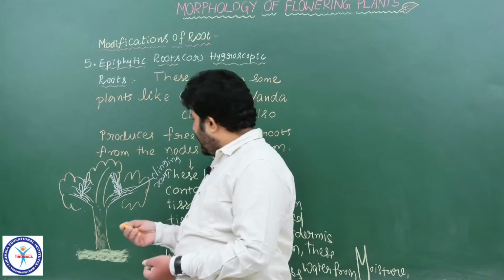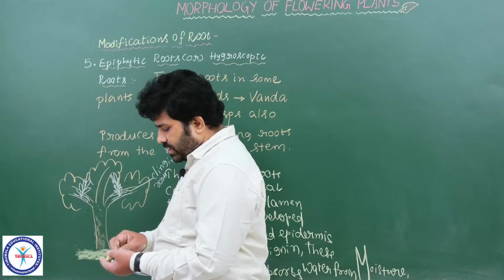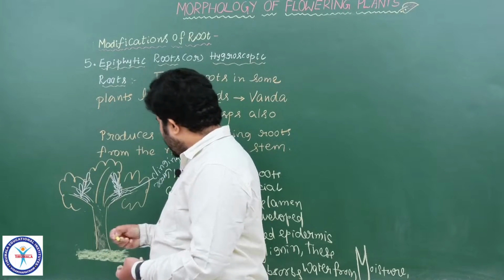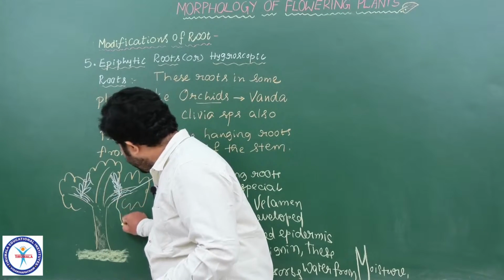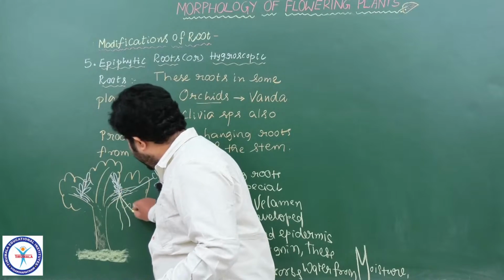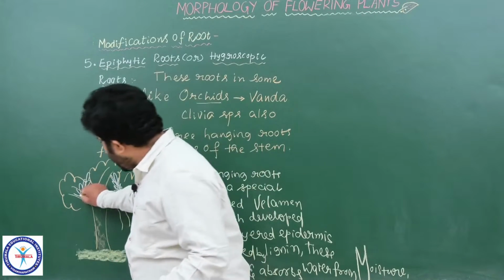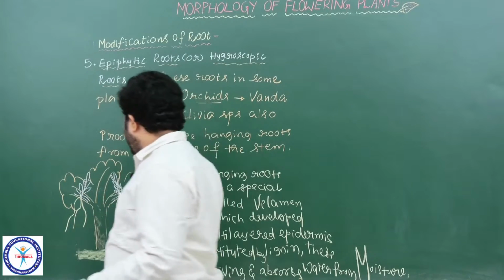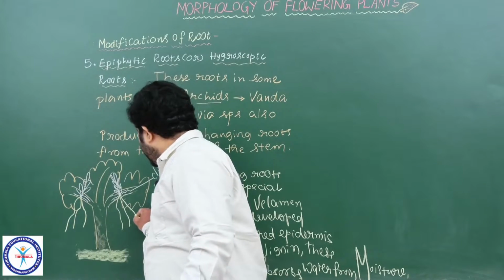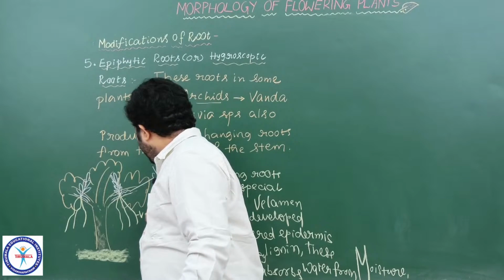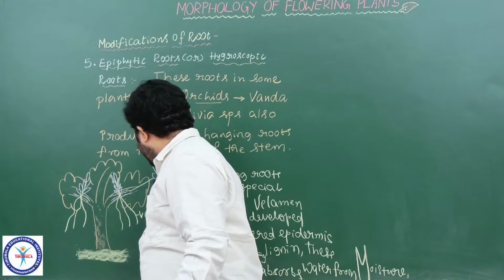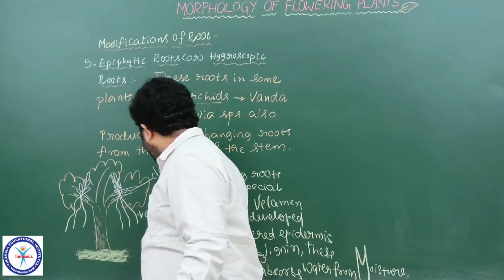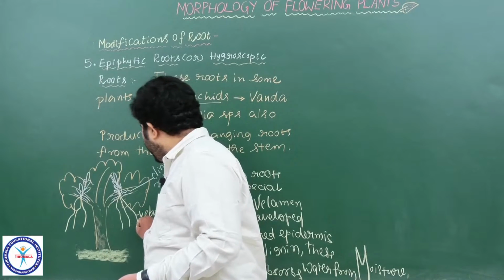Afterwards, they release some special roots, these hanging roots, into the air. When they are released into the air, these roots are called velamen roots because they contain a tissue called velamen.